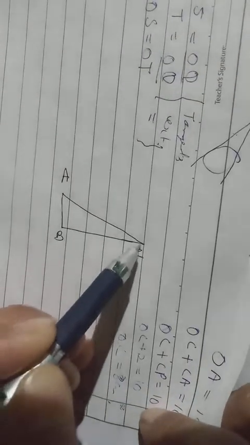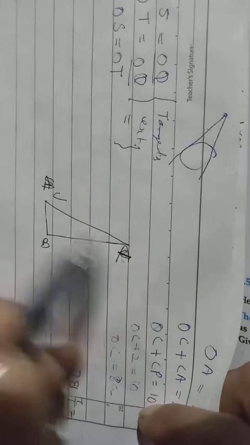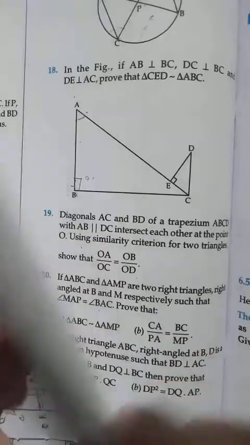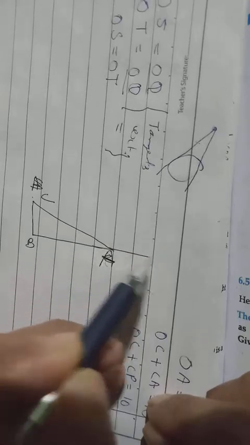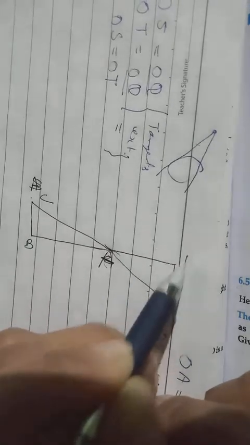So let's name this one as A, this one as C. So angle BAC equals MAP. So I may extend this one like that. So here MAP.